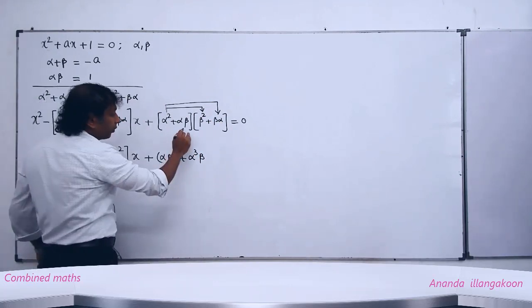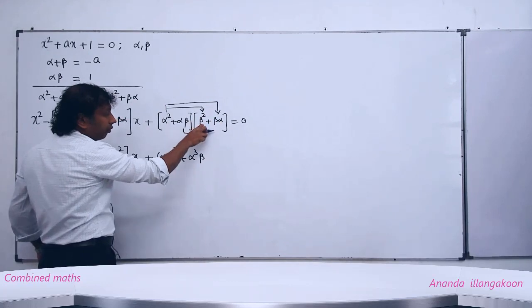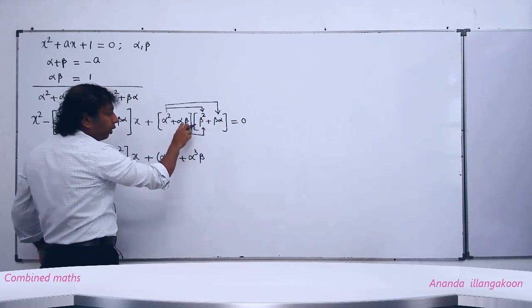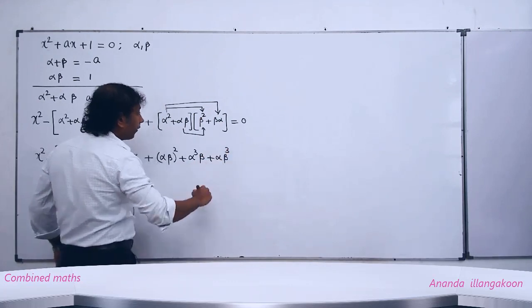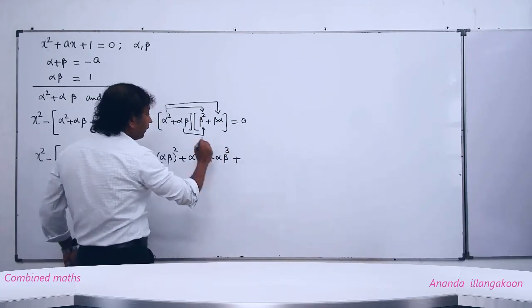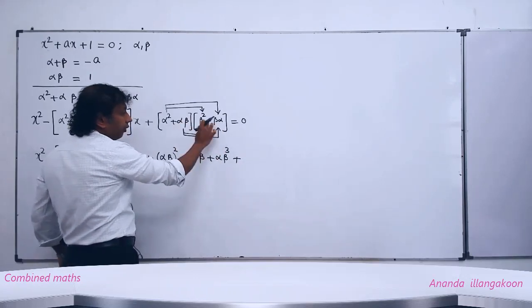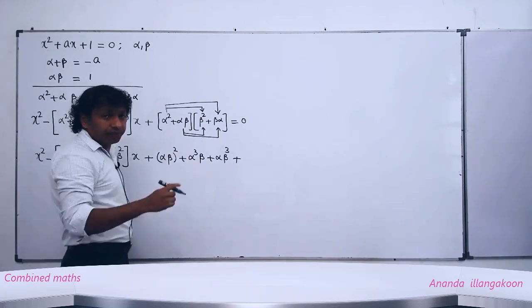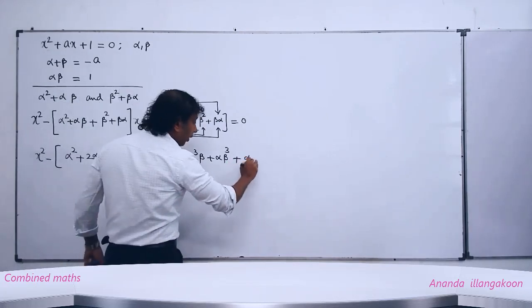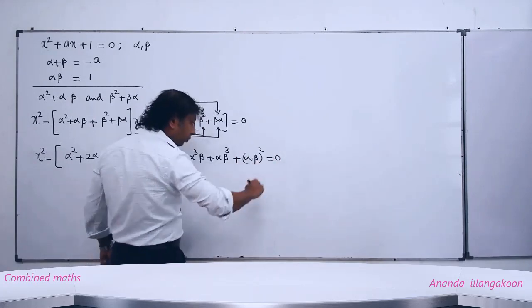Next one here, people, this and this: alpha beta into beta squared. Beta and beta squared, beta cube. Alpha beta cube. And people, this and this: alpha squared, beta into beta squared, alpha squared beta squared. Alpha squared beta squared, people, you know what is that really? Alpha beta squared, no? Equals 0.